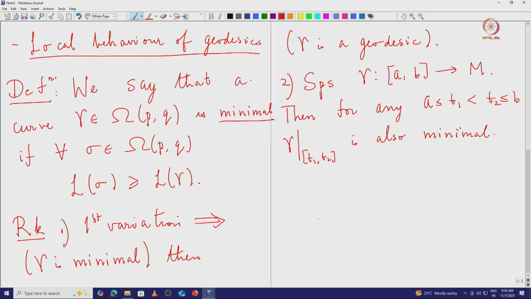Okay, so the point is that let us say you have your P and Q here and you have your gamma between them. Now suppose you choose, sorry, this is P and Q, right. So let us say you pick two time intervals, sorry, let me draw this again.